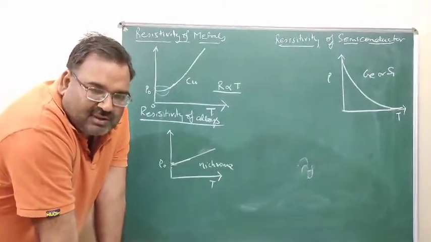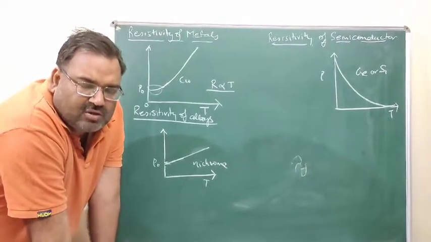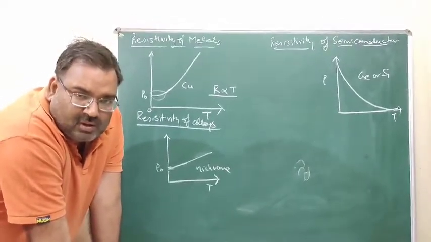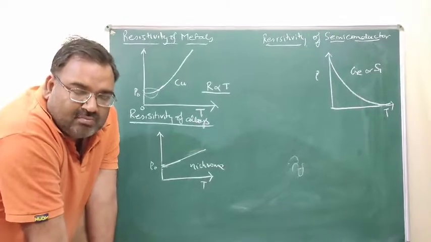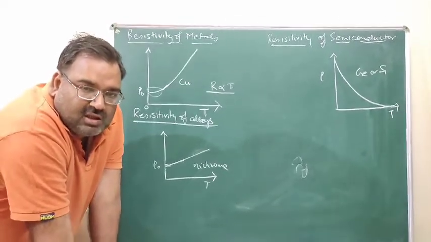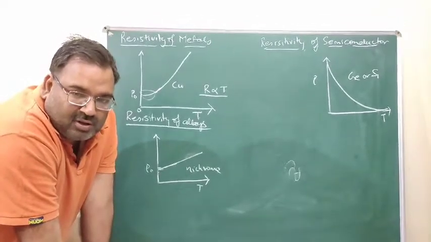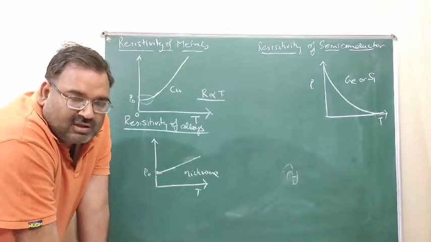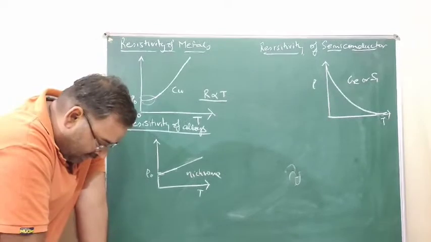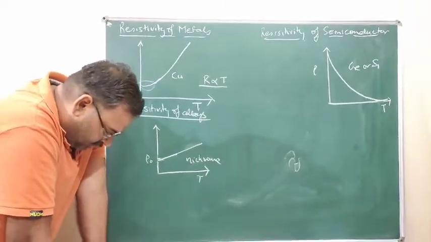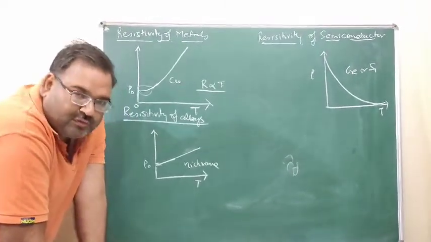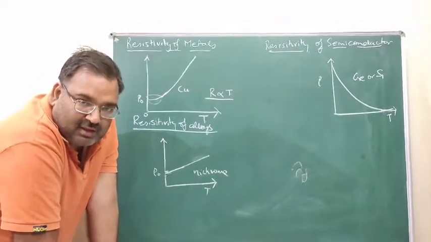That with the change in the temperature, there is very small change in the resistance of the alloys. So there is hardly much change in the resistivity of the alloys with the change in temperature. So certain alloys such as nichrome, manganin, constantan, are used for making resistance wire.